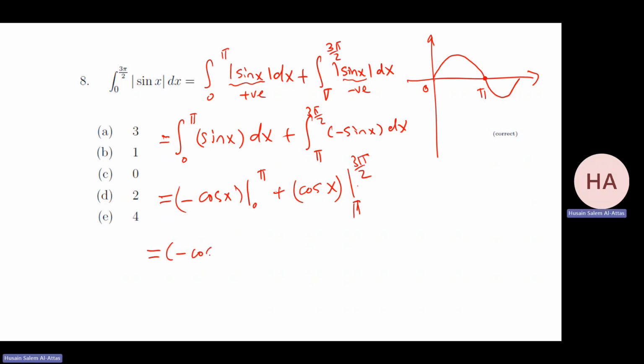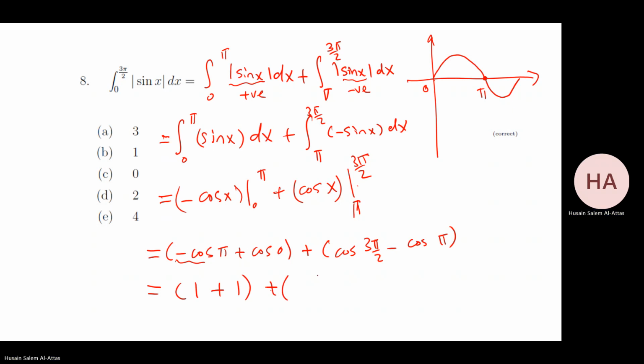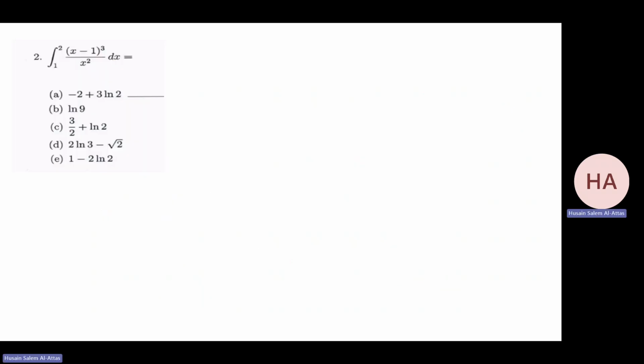We have minus cosine pi minus, which is plus cosine 0, plus that will be cosine 3 pi over 2 minus cosine pi. Okay, that will be cosine pi is minus 1, that will be 1 plus 0 minus minus 1. That will give me 3, which is this. So it's a matter of calculation.